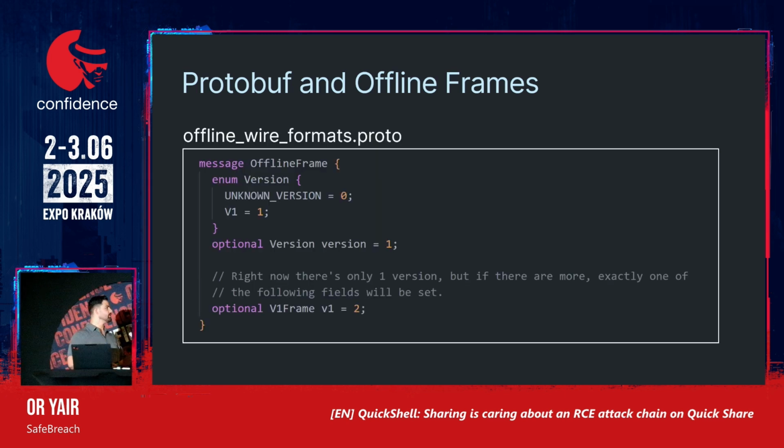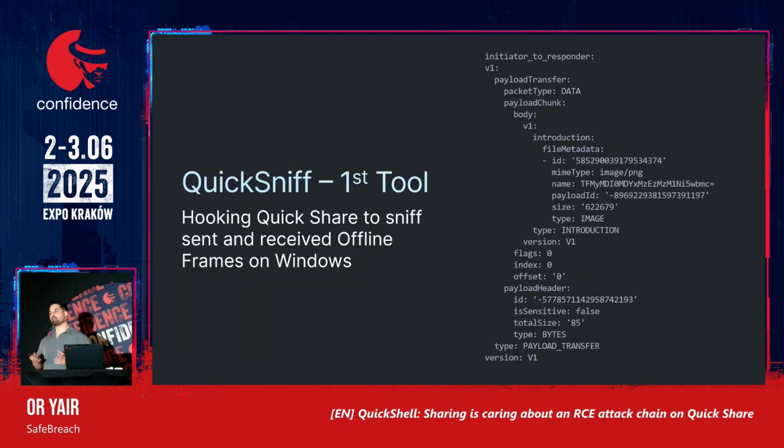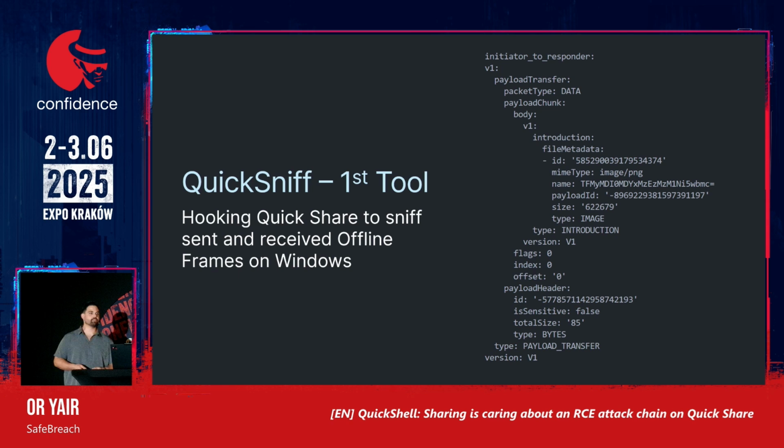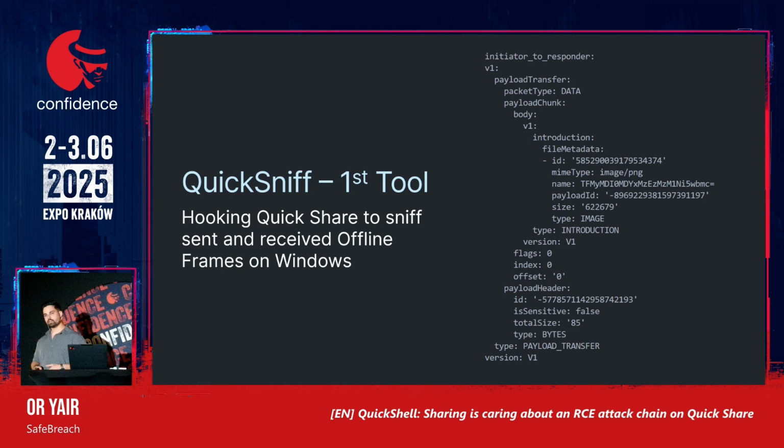Basically, this is the definition of the offline frame protobuf object. That's a protobuf language. You compile that into CPP files, and then you get an object that you can serialize and deserialize from bytes. And this is how our first tool for this research was born. That was called QuickSniff. Basically, it was a DLL that we could inject into QuickShare on Windows.